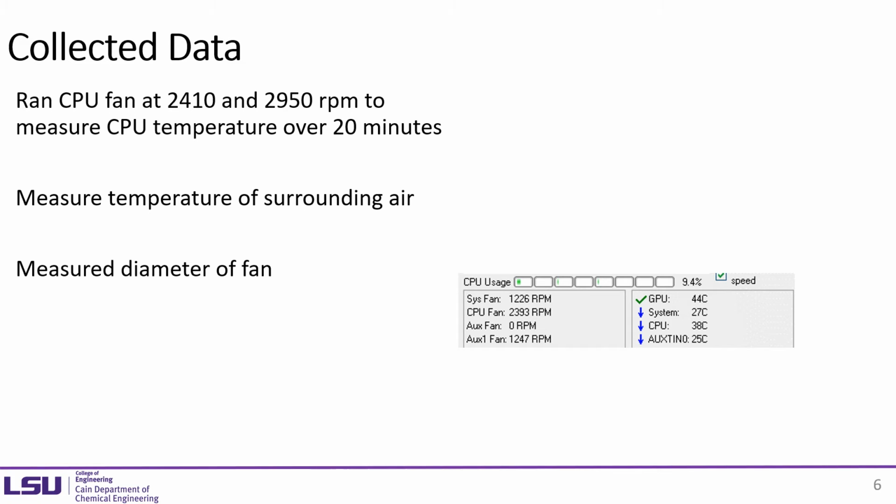And this gave us two CPU temperatures of 35 degrees C and 75 degrees C. And this data was measured over 20 minutes to ensure that the CPU reached steady state. I also measured the temperature of the surrounding air and the diameter of the fan. And you can see on the right here the software interface that I used in order to measure the temperature and fan speed.